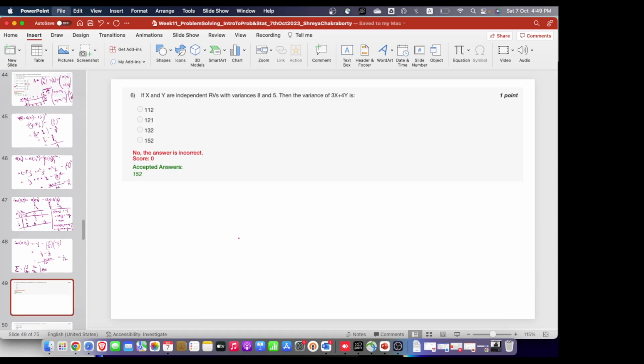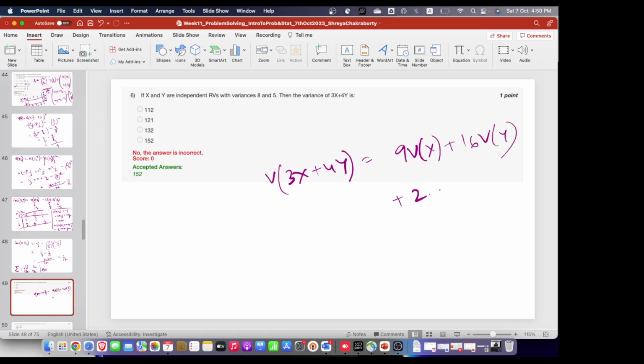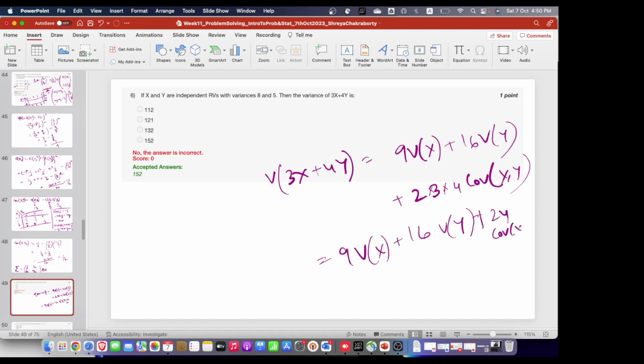Okay, so if x and y are independent random variables with variances 8 and 5, then what is the variance of 3x plus 4y? Variance of 3x plus 4y is 9 variance of x plus 16 variance of y plus 2 into 3 into 4 covariance of xy. So this will be 9 variance of x plus 16 variance of y plus 24 covariance xy.